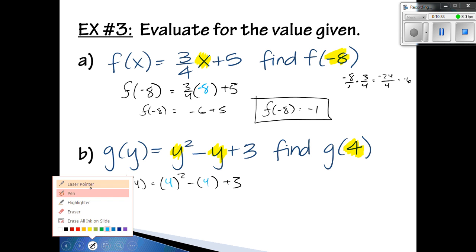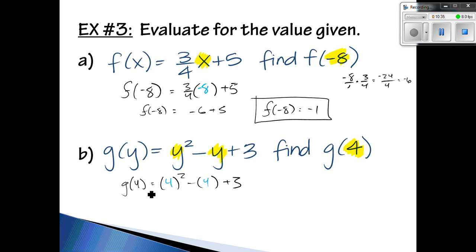Order of operations says that we do exponents first. 4 squared is 16, minus 4 plus 3. 16 minus 4 is 12. 12 plus 3 is 15. So g of 4 equals 15.